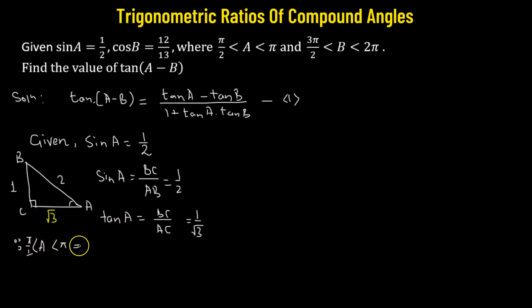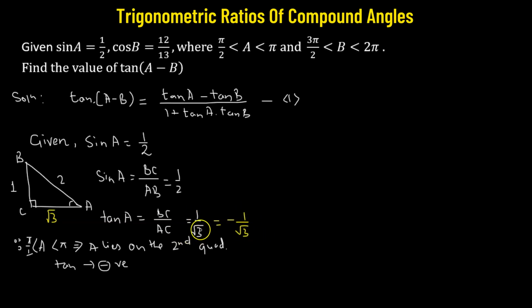In which quadrant does it lie? This implies that A lies in the second quadrant. In the second quadrant, the tangent function is negative, because only the sine function and its reciprocal, the cosecant function, are positive in the second quadrant. Everything else is negative. Since tangent is negative, our final value must be negative, so this must be equal to negative 1 over square root of 3.